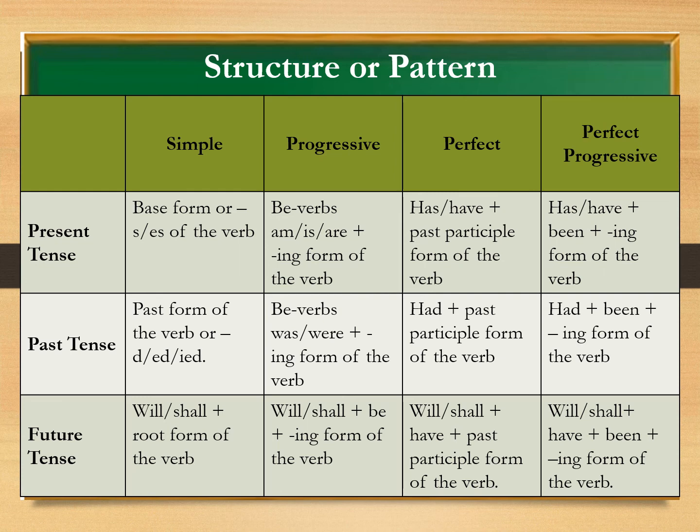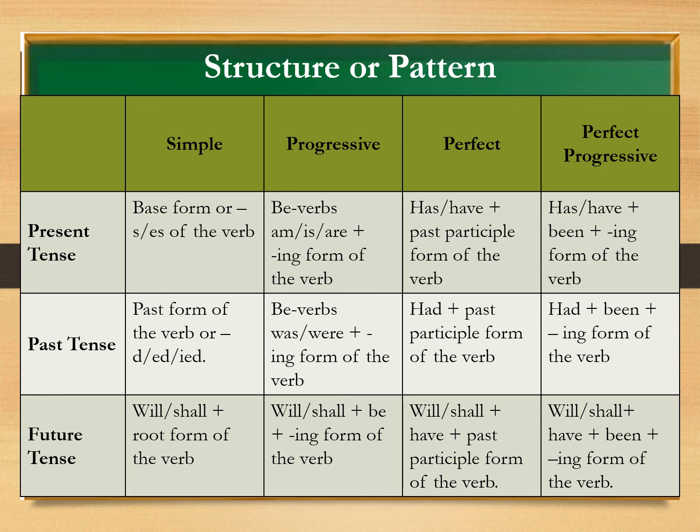And for present perfect progressive tense, we have has or have plus been plus the -ing form of the verb. For the simple past tense, we have the past form of the verb or -d, -ed, or changing y and add -ed.